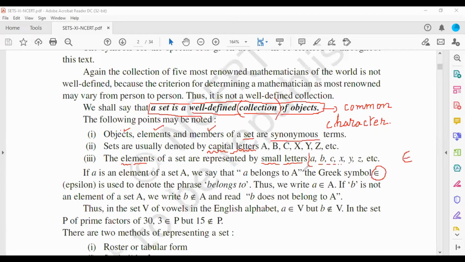This symbol is called belongs to, or we say an element of. So this we introduced already.